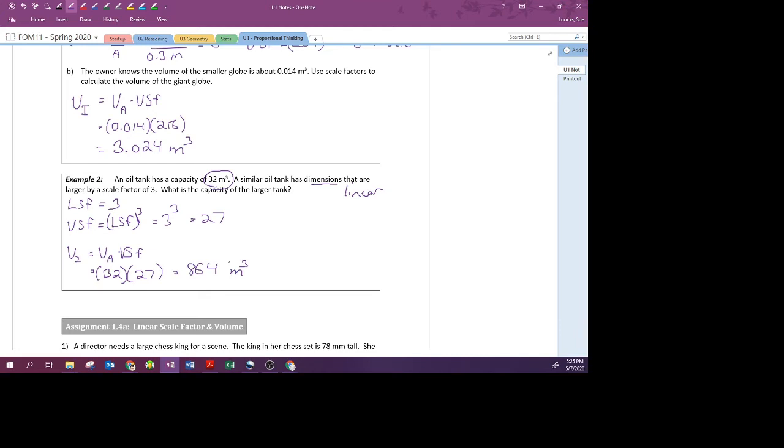Doesn't matter, because if the dimensions change by 3 times as much, we know that the volume is going to be 3 cubed, 27 times bigger. Okay, there you go. That's the end of lesson A. And so go do your practice and then come back and we'll look at the square cube law.